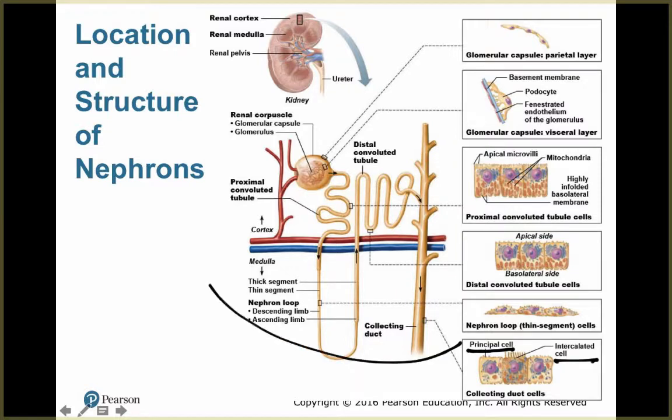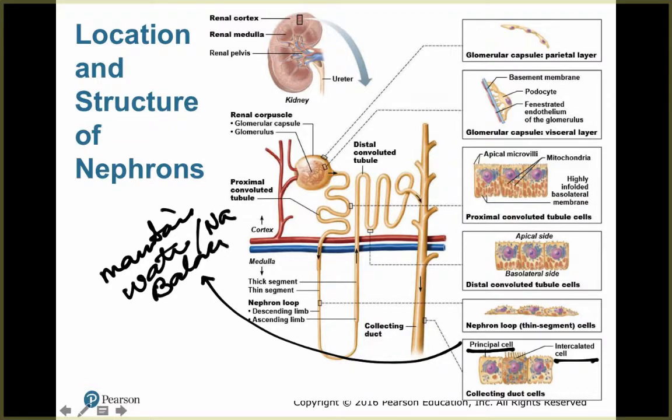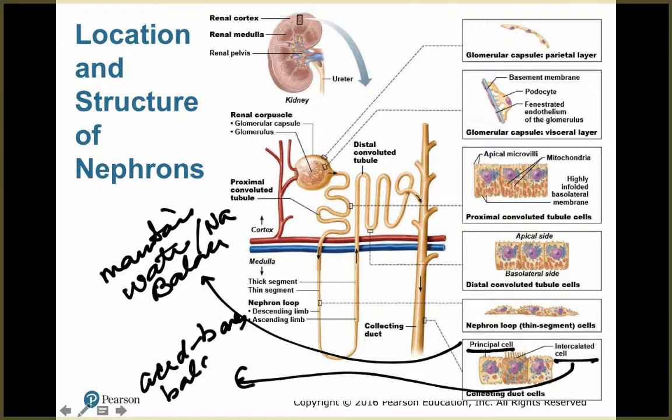The principal cells basically help to maintain water and sodium balance. And then these intercalated cells help to maintain acid-base balance in the blood. And they're normally known as either type A or type B intercalated cells.